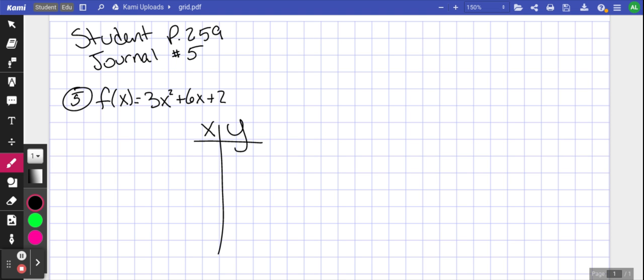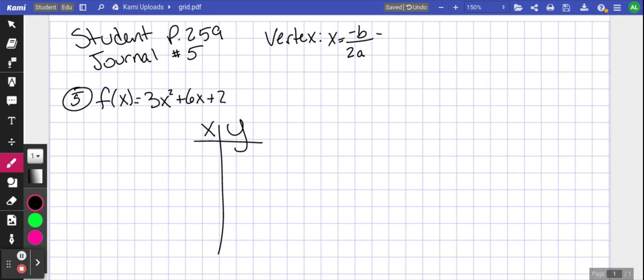So let me go through. First off, let's find our vertex. We talked about this yesterday. That's x is equal to -b over 2a. We're looking at our original function here. b is the middle term, or x term, so that's 6.